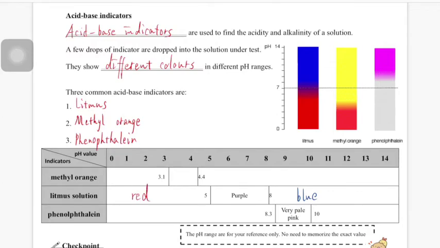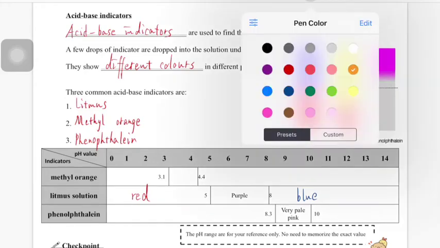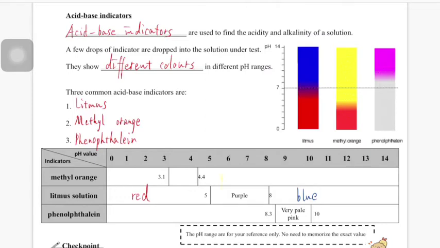Okay, and then we have the methyl orange. For methyl orange, at the alkaline part and also up to this region, you will see a yellow color. And then in the transition area, you can see it has an orange color.